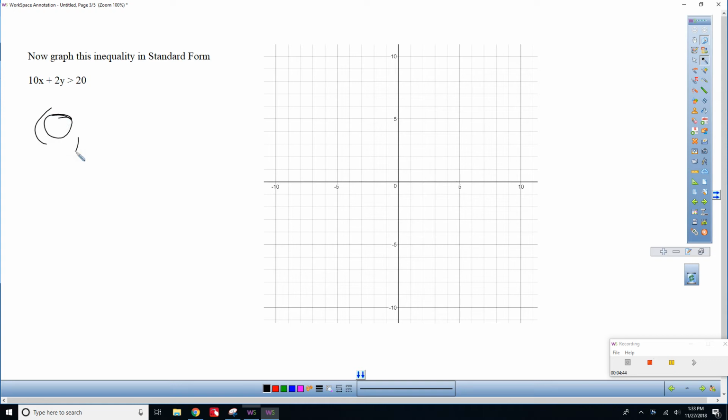What number do I put in for y to get 20? What number do I put in for x to get 20?